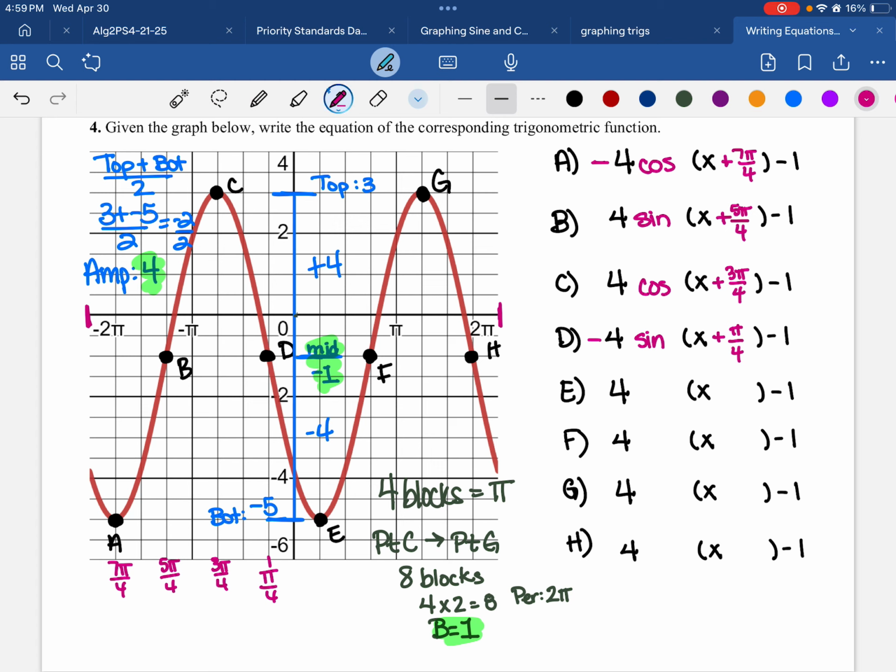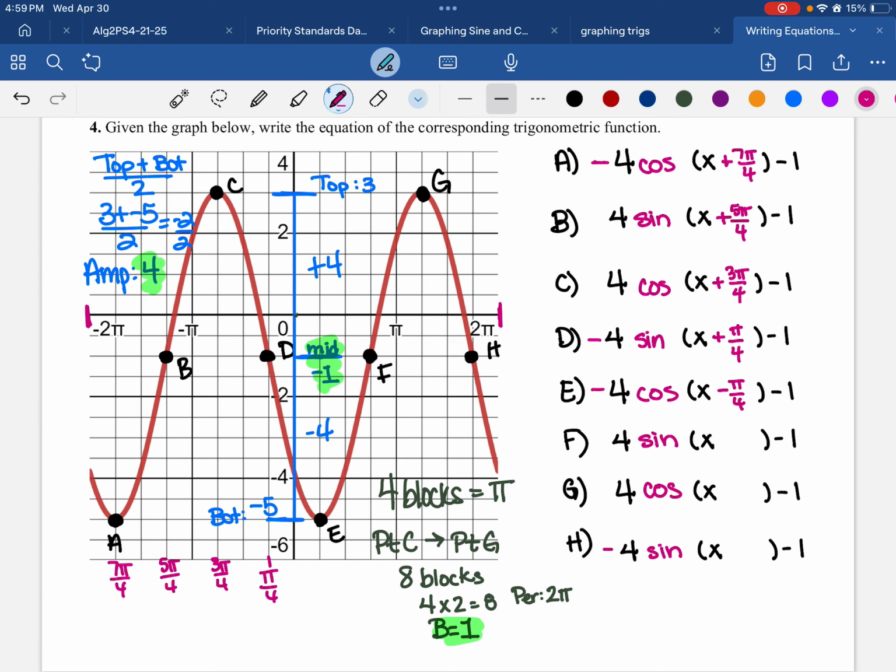And then honestly, these things repeat, so I will have a negative cosine, I will have a sine at F, I will have a cosine at G, and then I have a negative sine at H. And then it's based on your shift. So E is 1 to the right, so it's minus pi over 4.